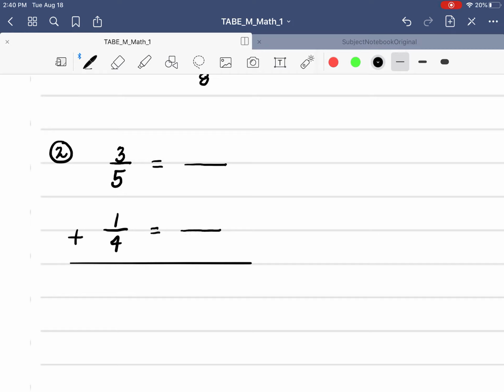So the 5's not going to work for me here. In this case, I'm going to multiply my denominators. 5 times 4 is 20. That will always give you a common denominator if you multiply the ones you have. So 5 times 4 is 20. That one will work just fine.